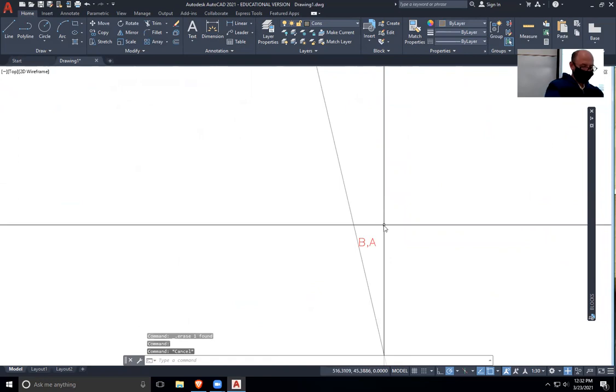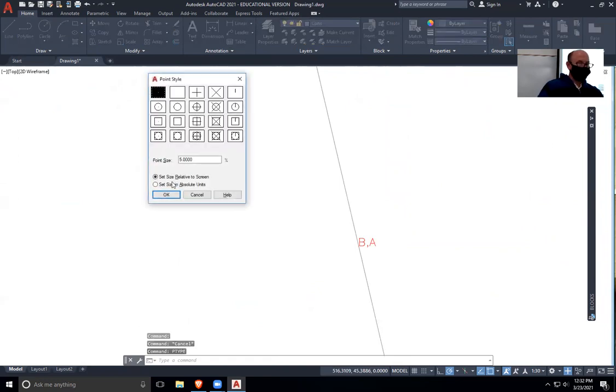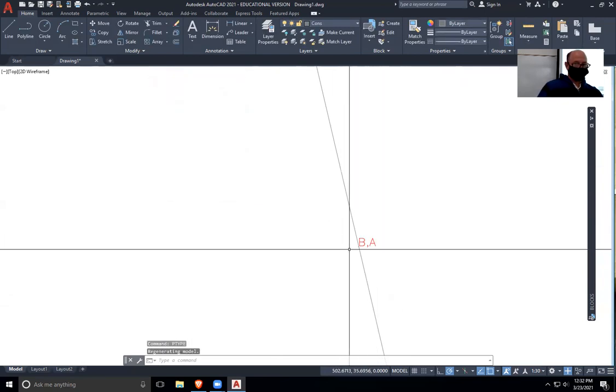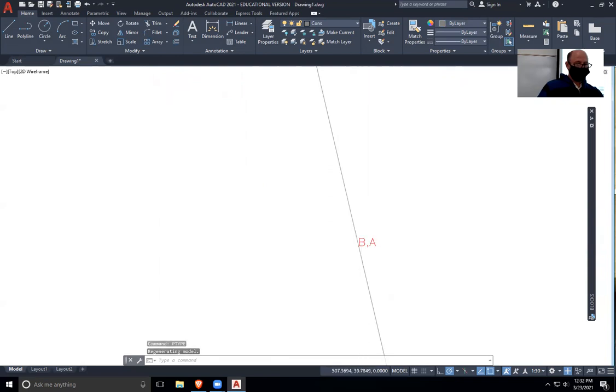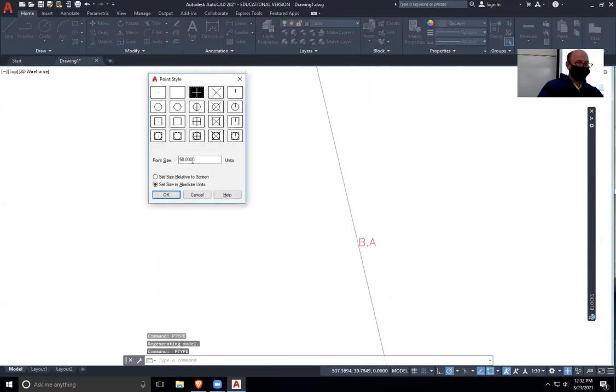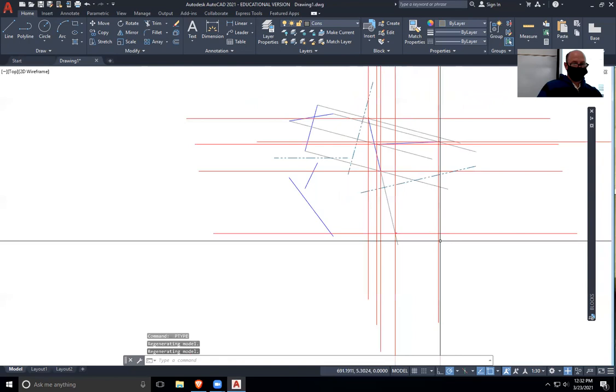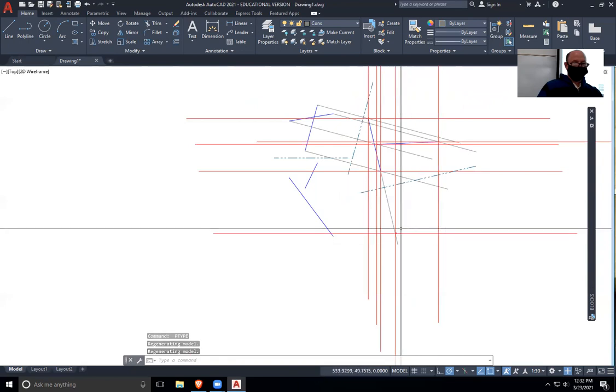I guess I should do my P type. Oh, it's annotated too.